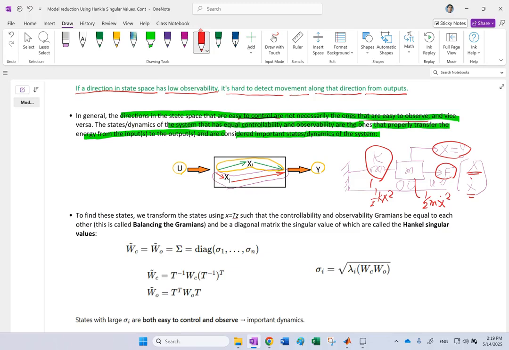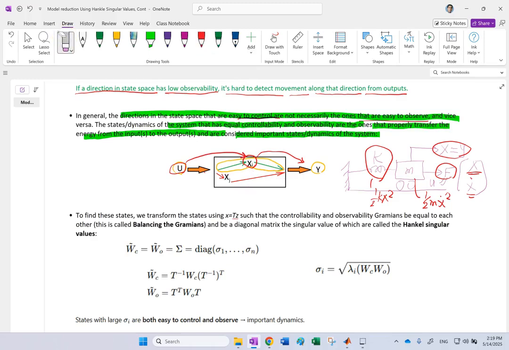Now, if it is easy for the input to excite that state, to pass the energy to it, and it is easy from that state to pass the energy to the output, you see, these are like two nice bridges that this energy can flow across from input to the output.